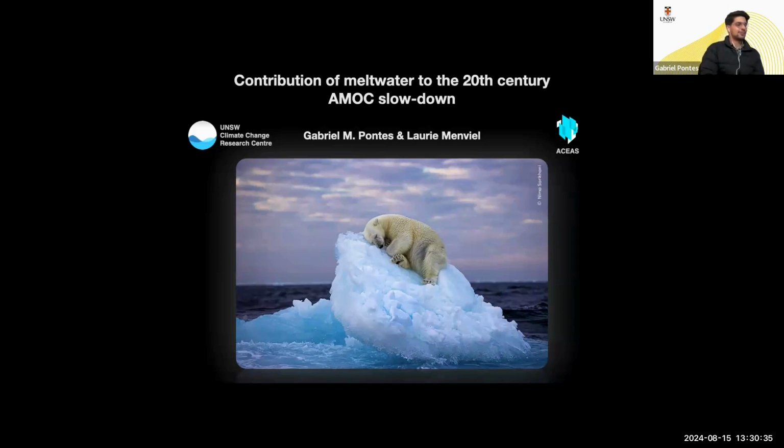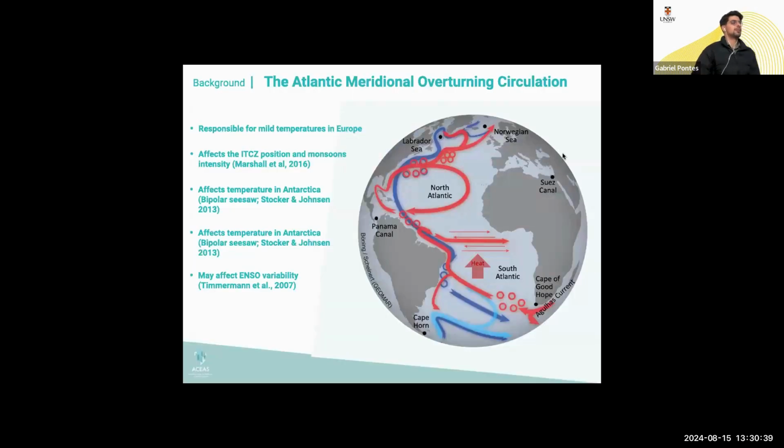So just going to start with some quick introduction of the AMOC. And here on the left, I've just listed many of the climate features that the AMOC can actually impact and can also affect by either strengthening or weakening of the AMOC.